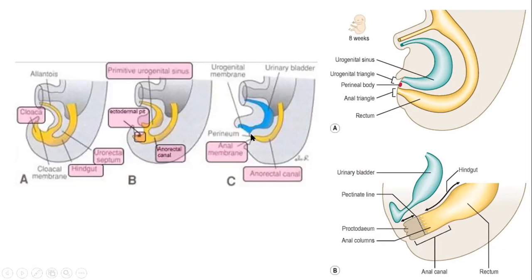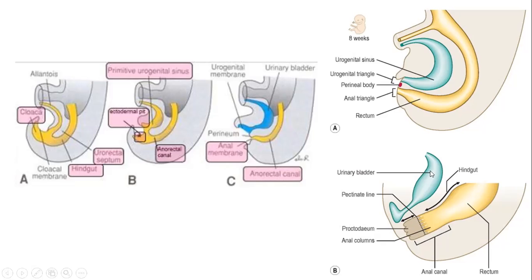So here you can see the perineum, and here is the development of the bladder, and here is the development of the anal membrane. Initially, both will be together from the cloaca, but later they get separated. Now you can see here there is separation of the urogenital sinus from the anorectal canal, and they are separated by the perineal body here.